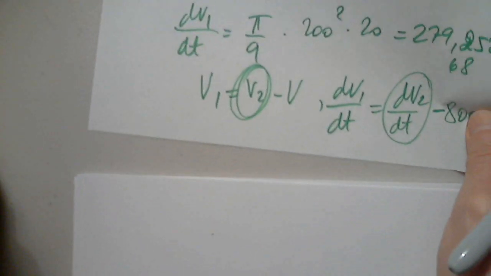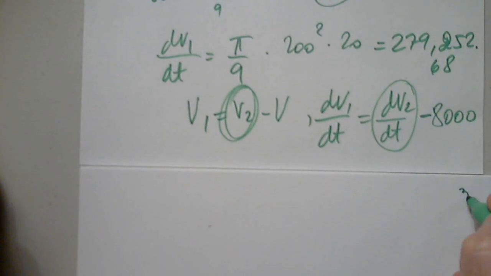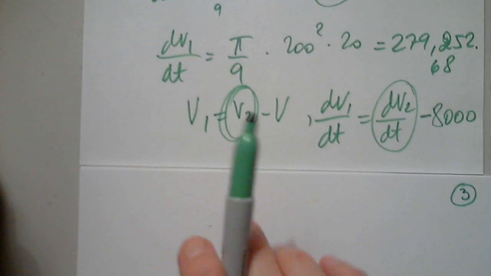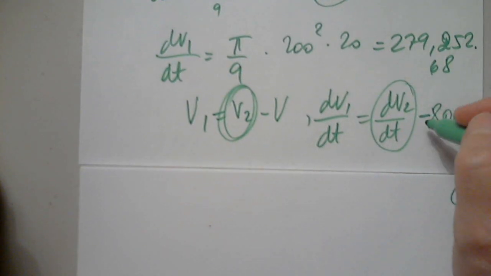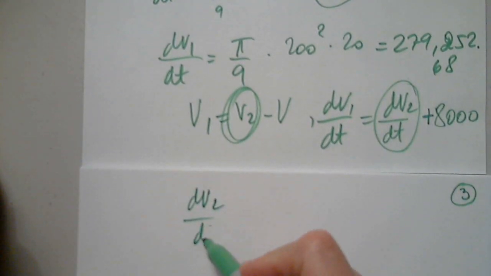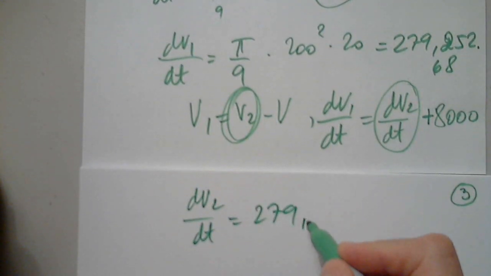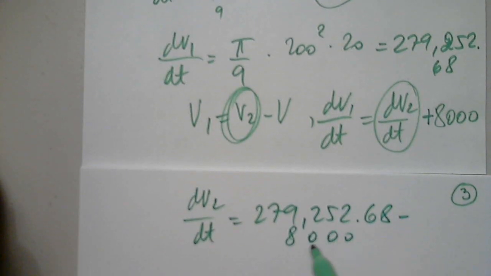So therefore dV2 over dt equals this, minus 8,000.